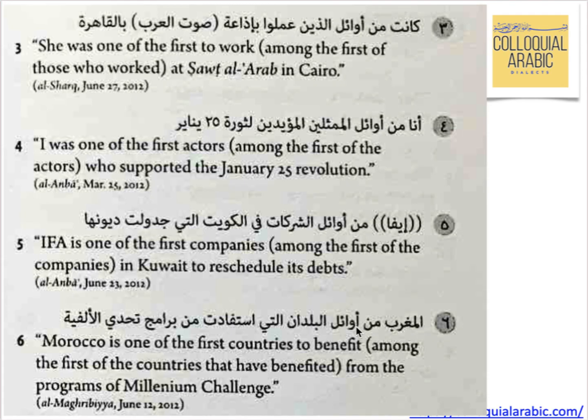So Morocco is the first of the countries. Istafada, eighth word form in the past tense, third person, because it's non-human, so in that case the feminine singular is also used for the plural, and they benefited from this program.